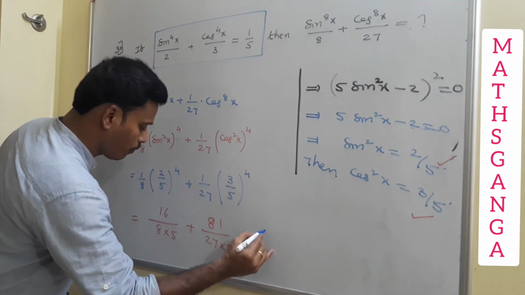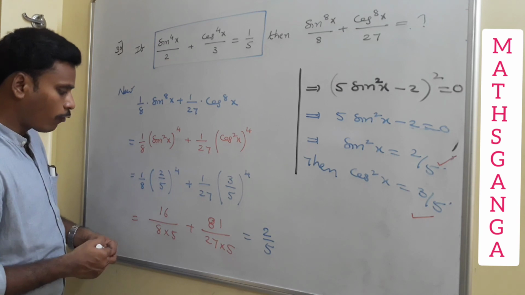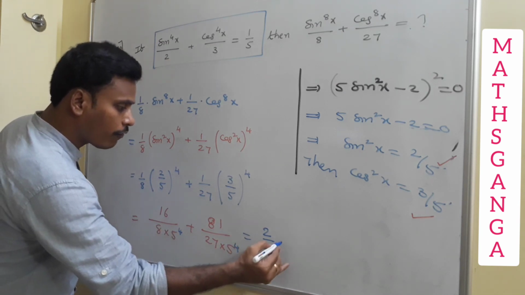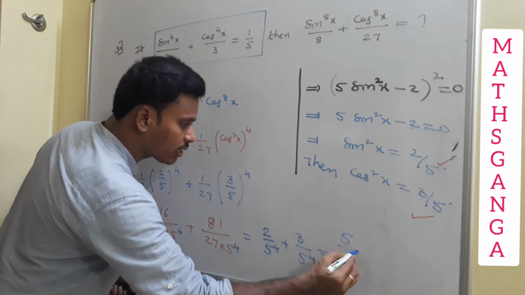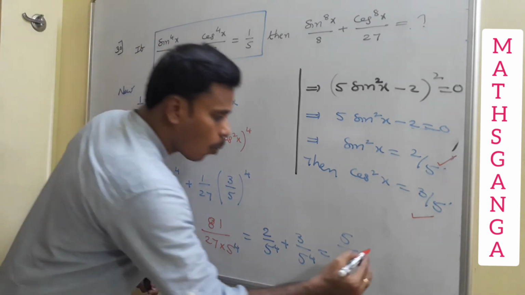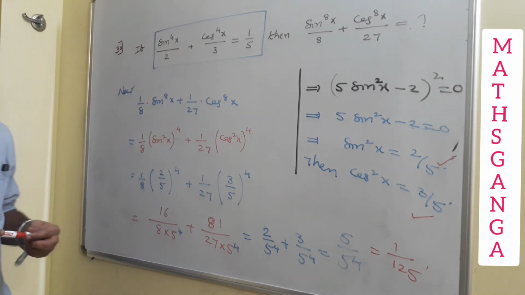This is equal to actually 2 by 5. Sorry, this 5 power 4 I have here in the denominator. 5 power 4 and 5 power 4, right? 2 by 5 power 4 plus 3 by 5 power 4. If you add, it is 5 by 5 power 4 and your answer at the end is 1 by 5 cube, which is 125.